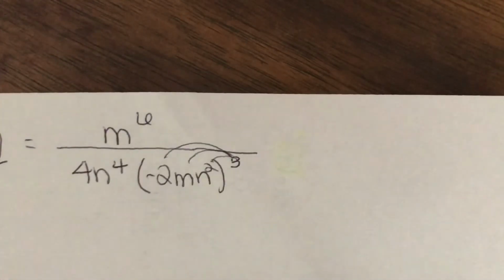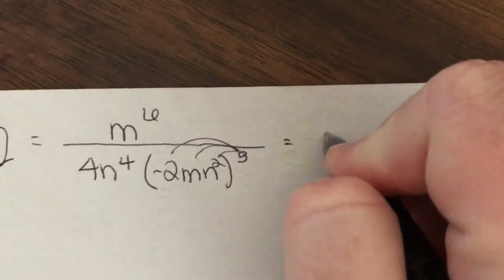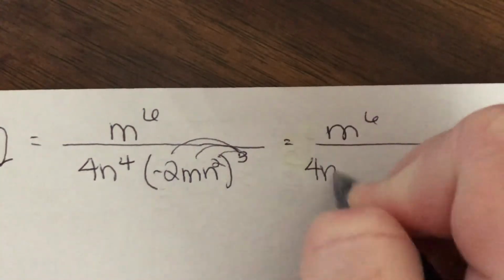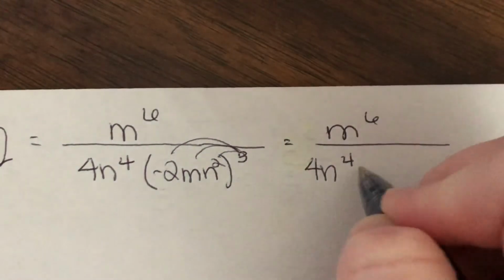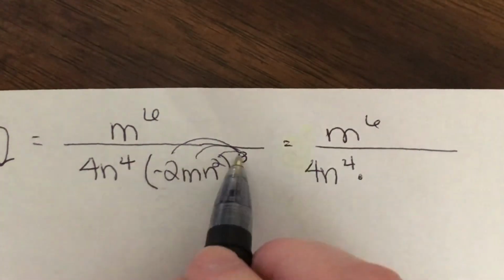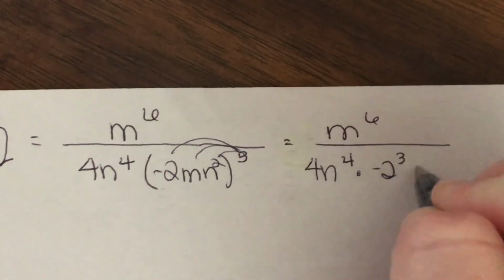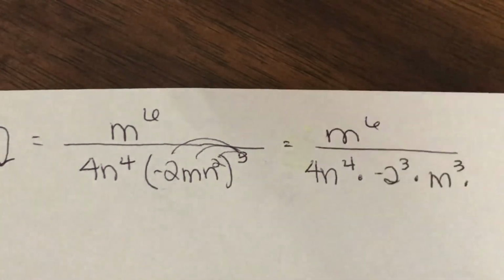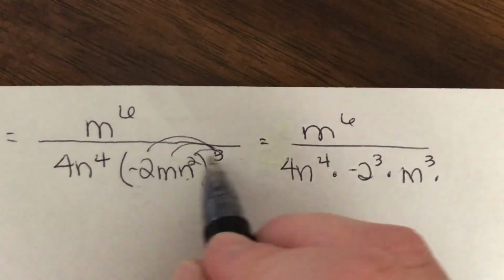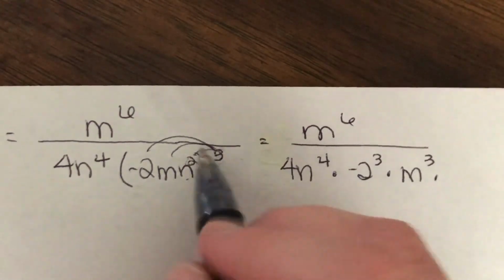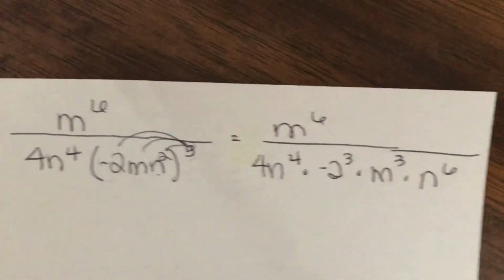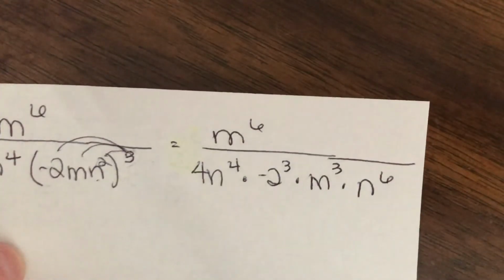Okay, so I want to leave m to the 6th alone on top, 4n to the 4th on the bottom, times negative 2 to the 3rd, times m to the 3rd, times n squared to the 3rd. 2 times 3 is 6, so that's n to the 6th. All right, so now we're here.